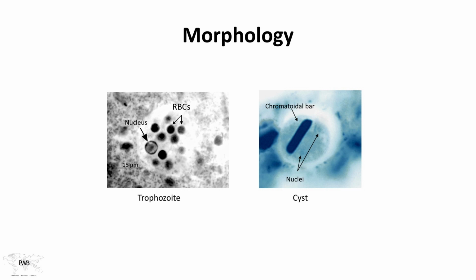Shown over on this slide here is the resting stage of this parasite, the stage that allows it to go from patient to patient by simply exiting from one patient, surviving in the environment until such time as the fecal contamination of either food or water results in the ingestion of this stage, which then initiates the infection in another patient.